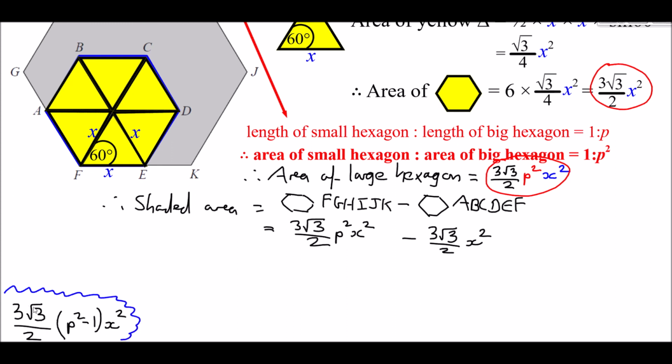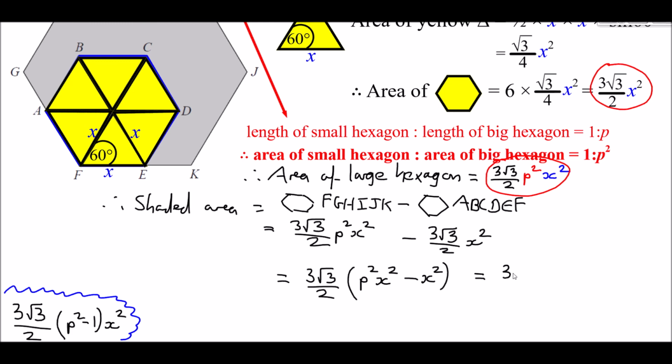That's my target. So here, you can see that 3 root 3 over 2 are factors of both of these. So we can factorise out the 3 root 3 over 2 straight away. So the first one, after 3 root 3 over 2, we've got p squared x squared, then minus the same thing times x squared. So the first step would have that in brackets. But of course here, you can see we can factorise out the x squared from these brackets as well.